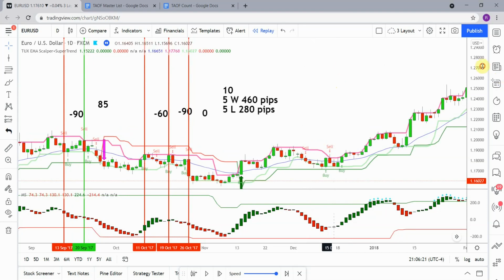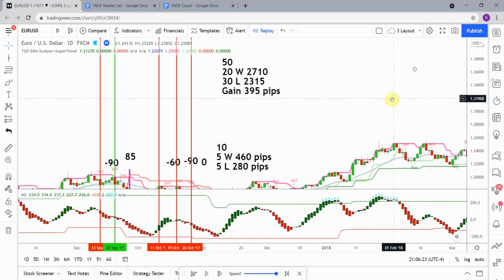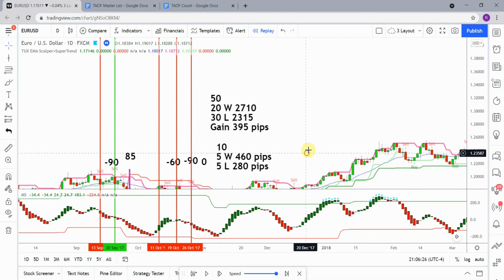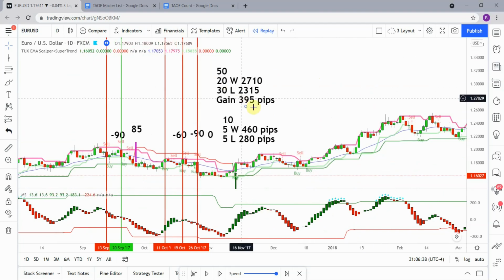So what were we able to get out of this thing? We did 50 trades. We had 20 winners and 30 losing trades. There was a gain of 2,710 pips on the winning side and a loss of 2,315 pips on the losing side.